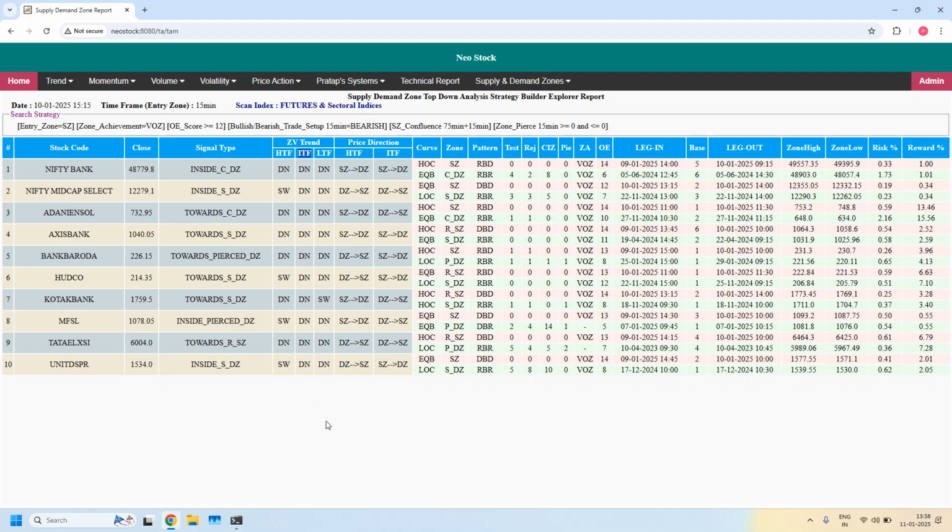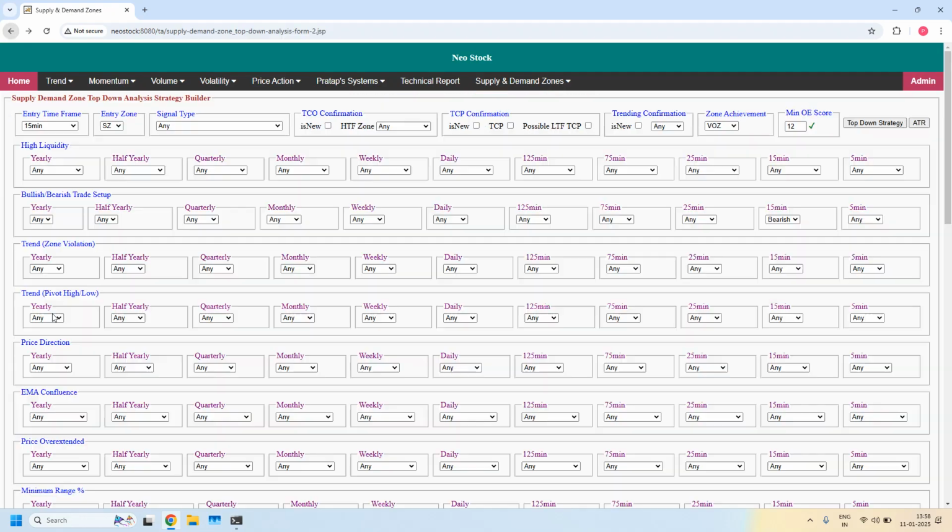ITF trend is down in all these stocks. Because 15-minute supply zone is part of 75-minute supply zone, if 75-minute supply zone is having daily EMA confluence, those stocks are even more high probability trade setup supported stocks. Let us verify.